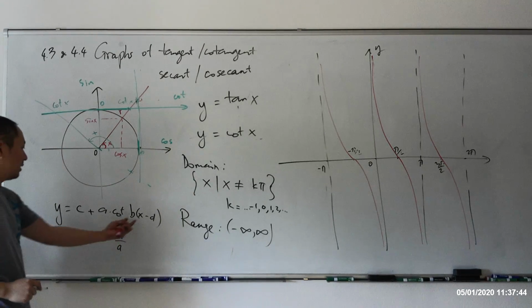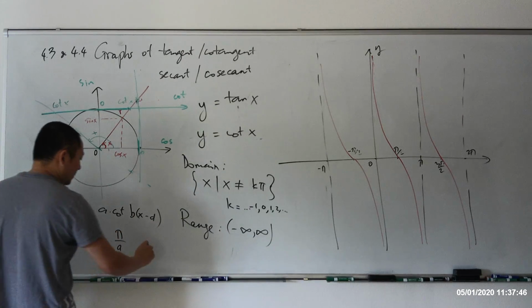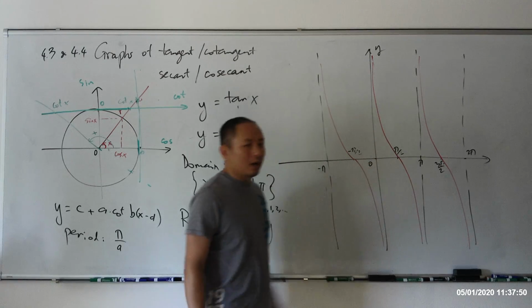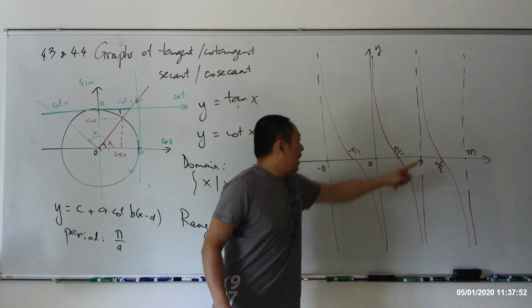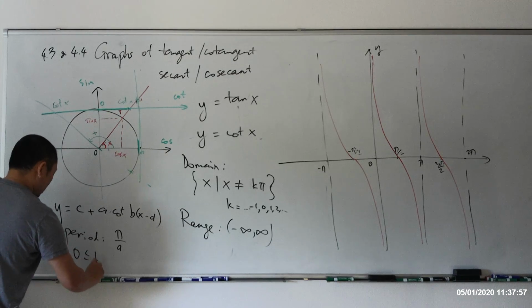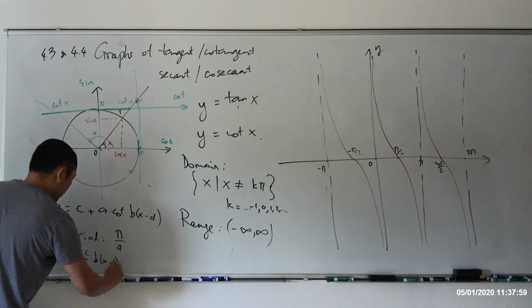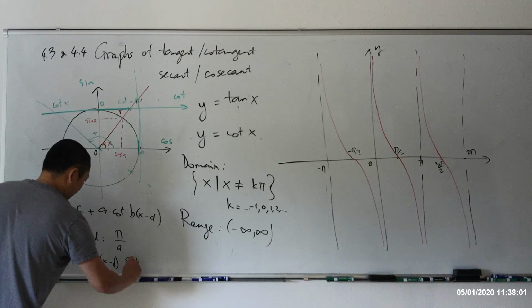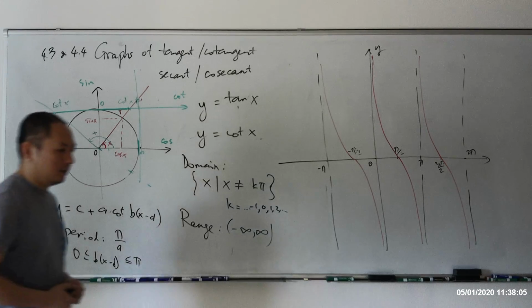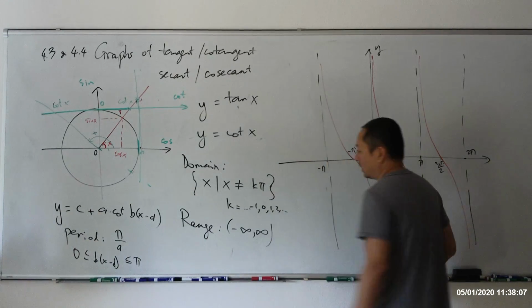And if you want to find a good interval to sketch the graph, now it's not from negative pi over 2 to pi over 2 anymore. It's from 0 to pi, right? So 0 less than or equal to bx minus d less than or equal to pi, and then you solve for x, you're going to have a decent interval for the period of the cotangent function.